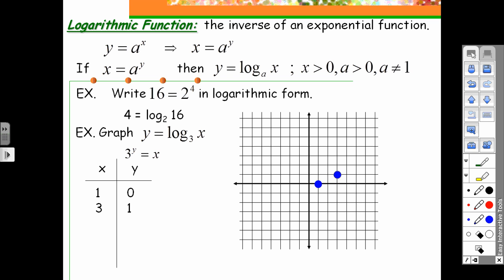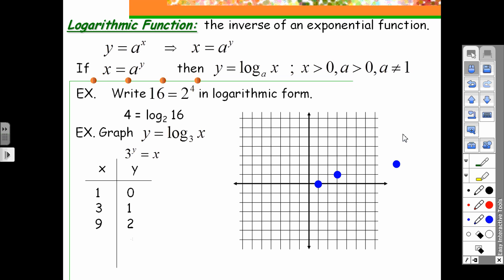I know it's a little weird because of the order that we are plugging things in. Don't think that this is x and that's y. Next, 2 gets us 9. So if we go over 9, 1, 2, 3, 4, 5, 6, 7, 8, 9, I'm just kind of estimating, it's going to be up there.